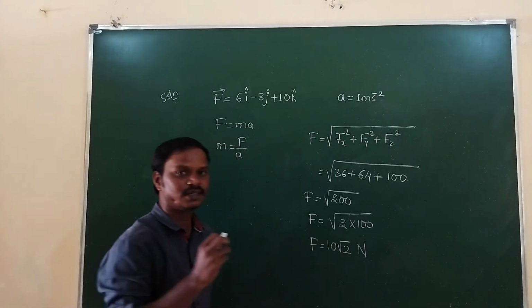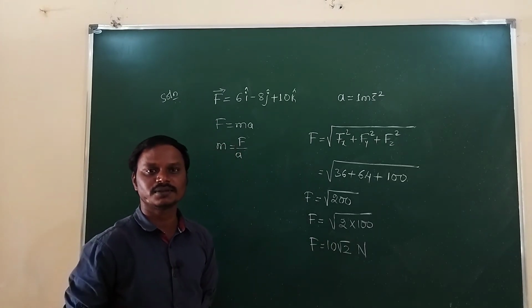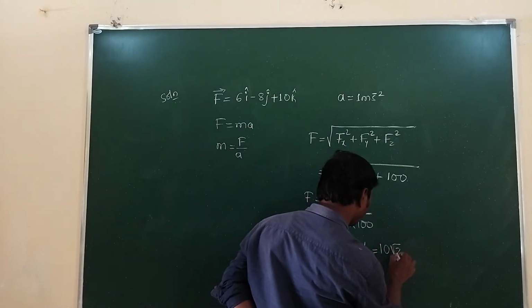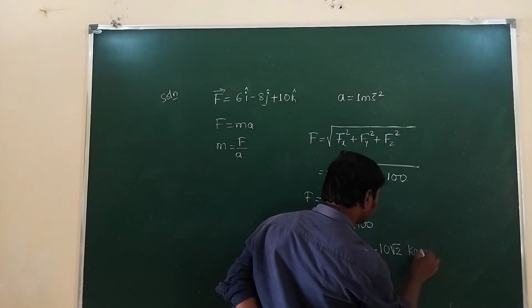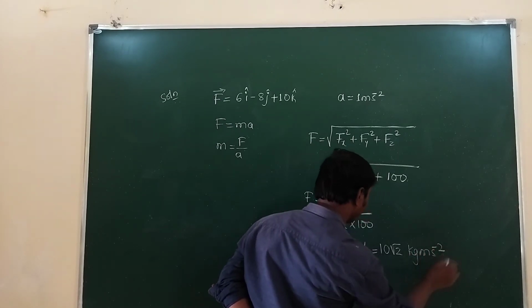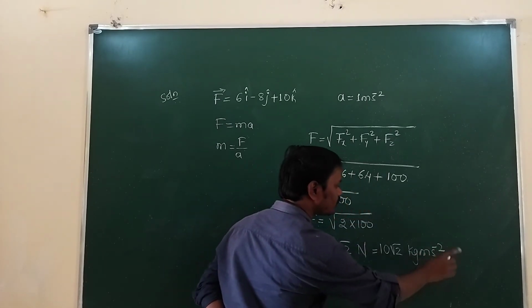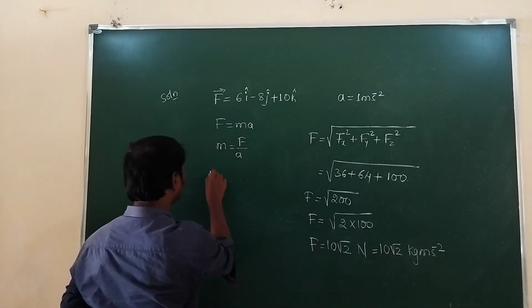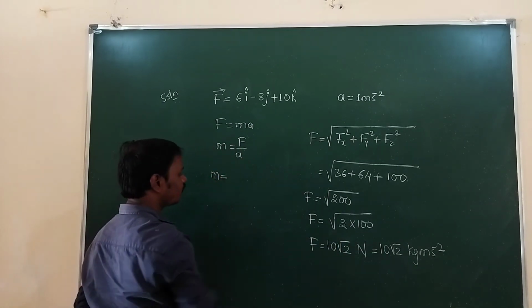And also Newton can be expressed in terms of kg and meter per second square. That is 10 root 2 kg meter per second square. 1 Newton is equal to kg meter per second square. So let us substitute this value in this equation. Then m is equal to F, how much we got?